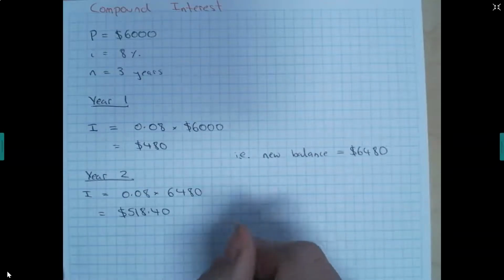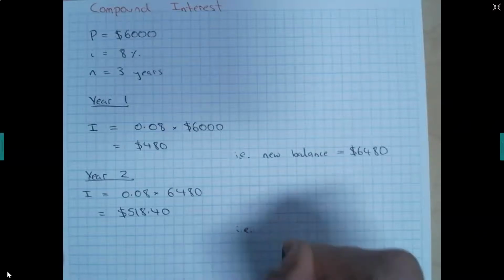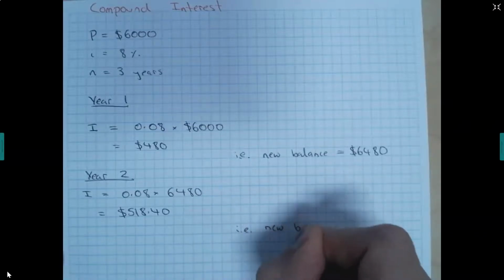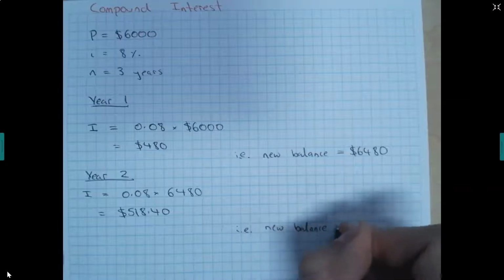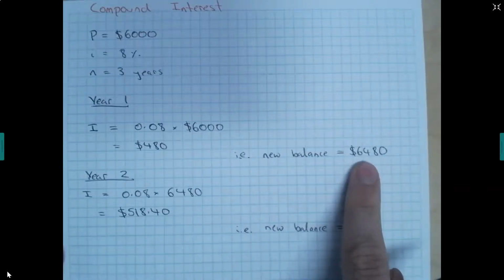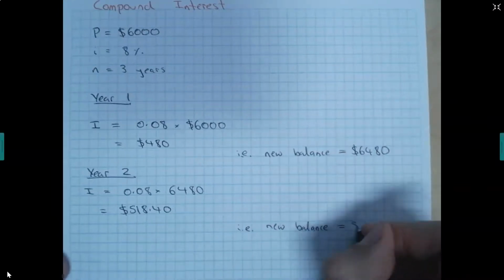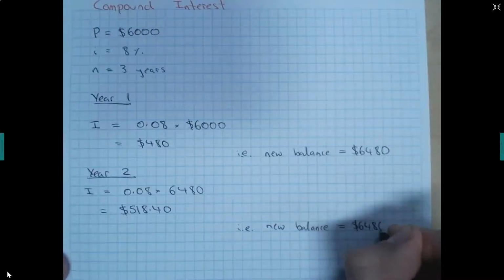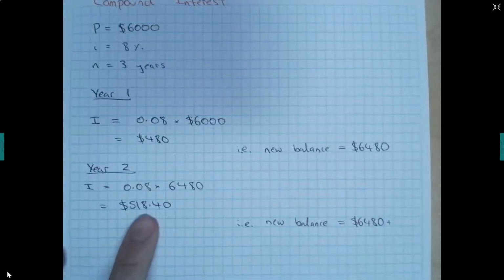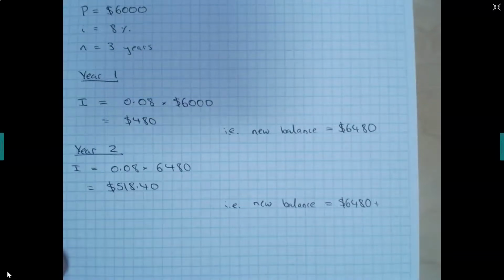So the new balance is going to be what we had in the account, 6,480, plus it just made $518.40.